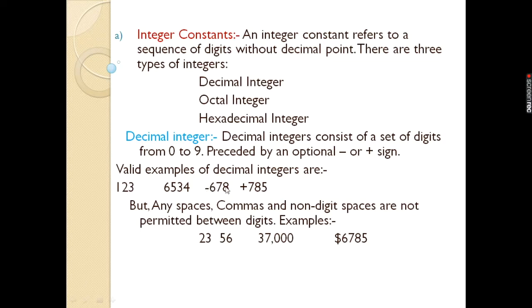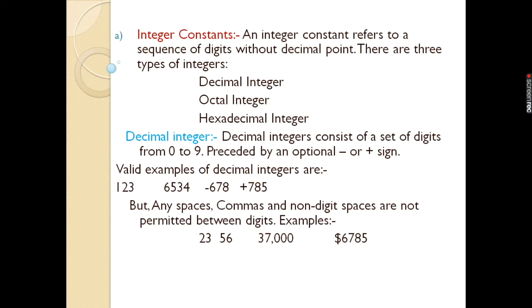In the example minus 678, a minus sign is present before the number, and in plus 785, a plus sign is present. So the sign is optional in a decimal integer, but any spaces, commas and non-digit symbols are not permitted between digits.